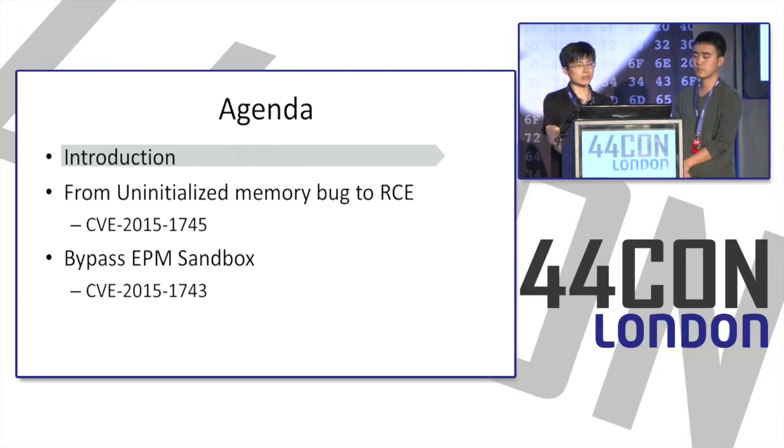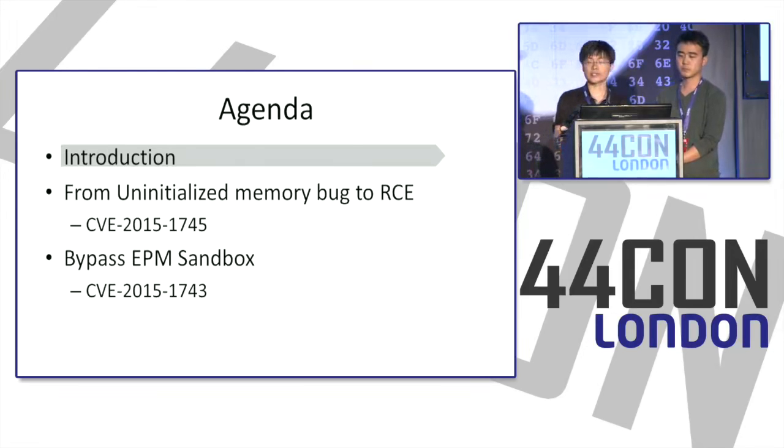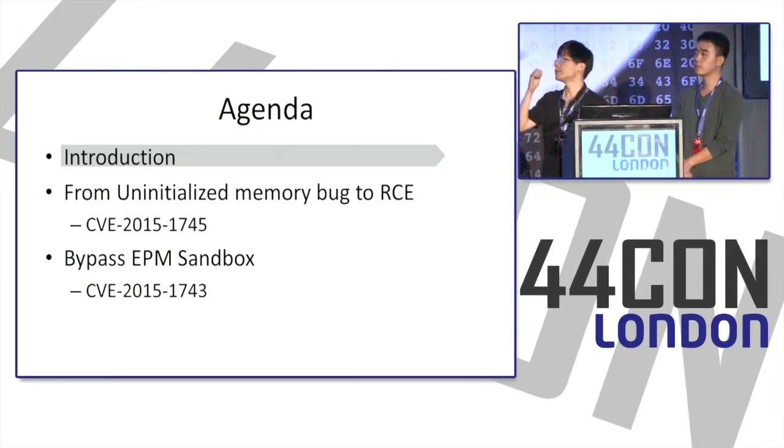And the other one is a TOCTOU bug, which we used to bypass the EPM sandbox of Internet Explorer. For each of the bugs, we will first introduce the details of the bug, and then we will give the exploit techniques we used to exploit the bug.